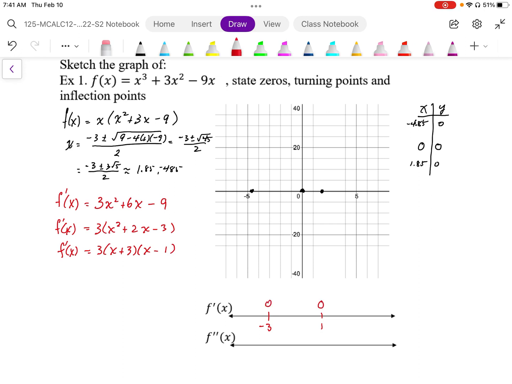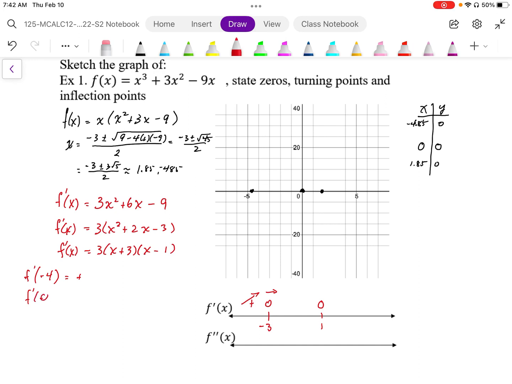So I should test my slopes. F prime at negative 4: when I plug negative 4 in here, I'm going to end up with, looks like, a positive slope. So it's going to be 48 minus 24. Yeah, that's going to be positive. So I have positive slope out here. That must be a max. We kind of know this already because we know the shape of this polynomial, but we're going to just show our test anyways.